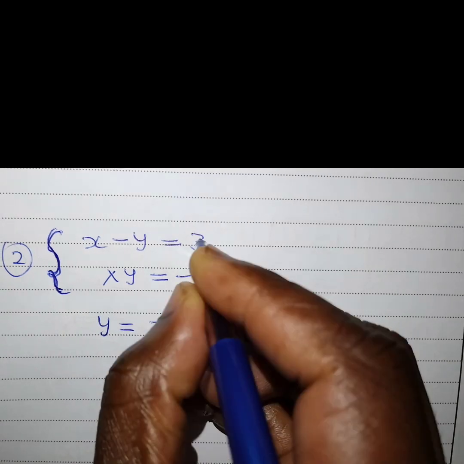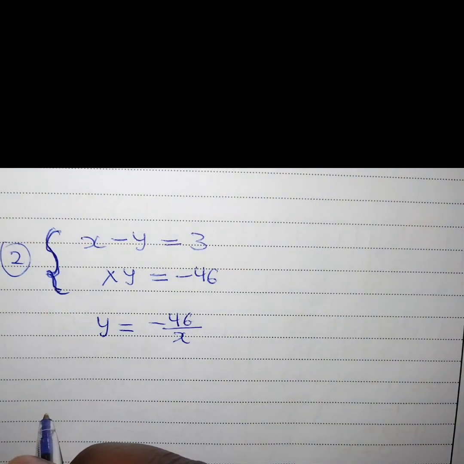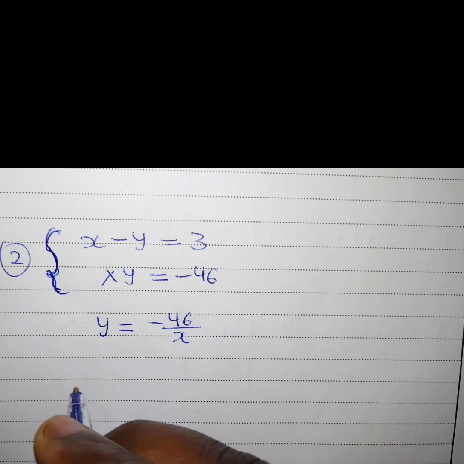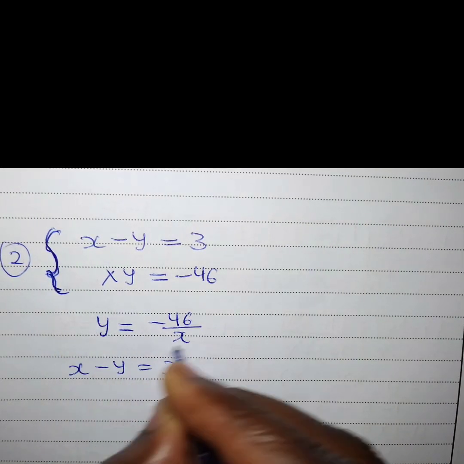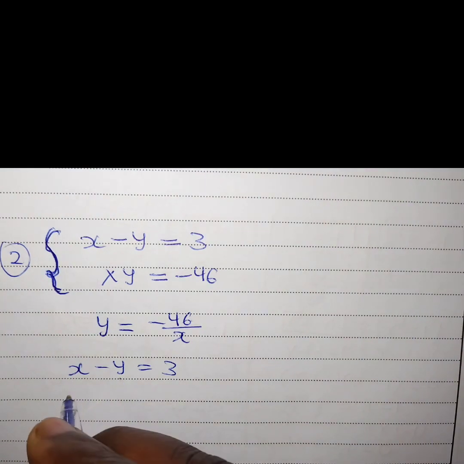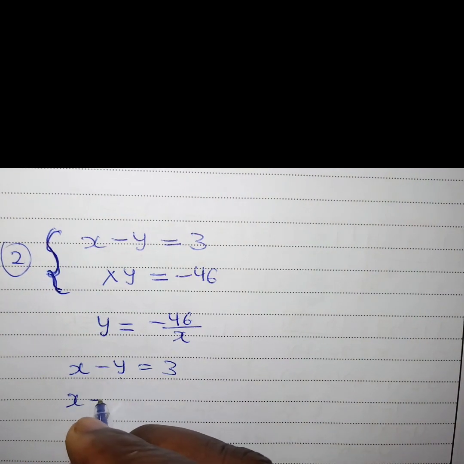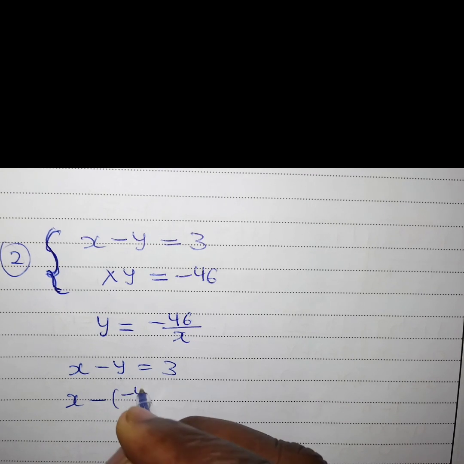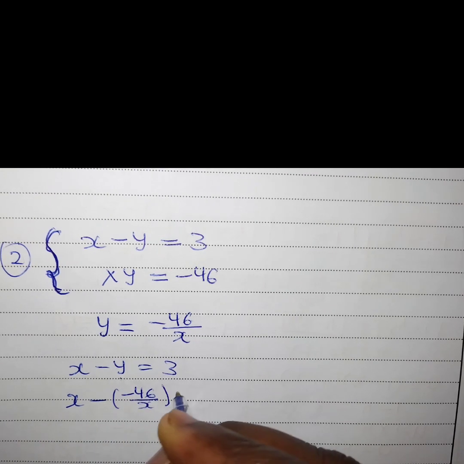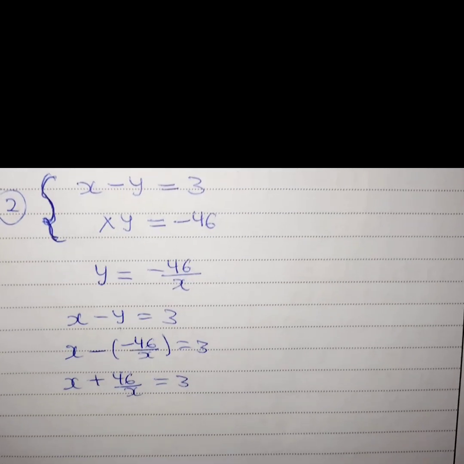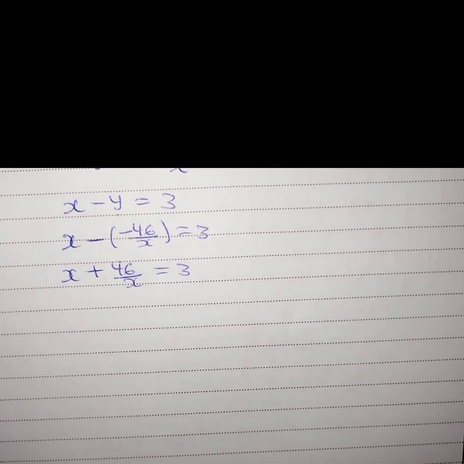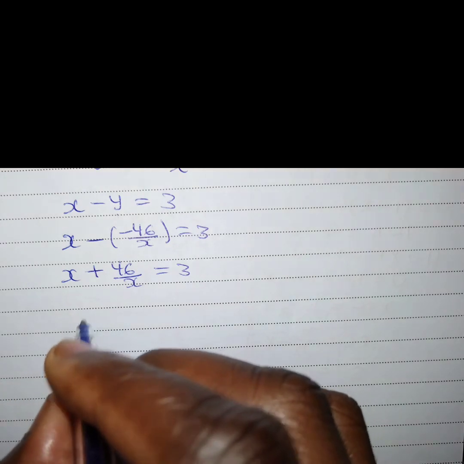Now replacing this into the equation x minus y equals 3, I'm going to have x minus minus 46 all over x equals 3. Then x plus 46 all over x will be equal to 3. Then I'm going to multiply both sides of the equation by x.